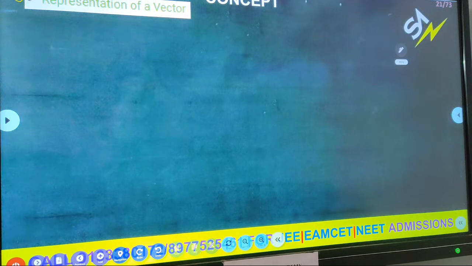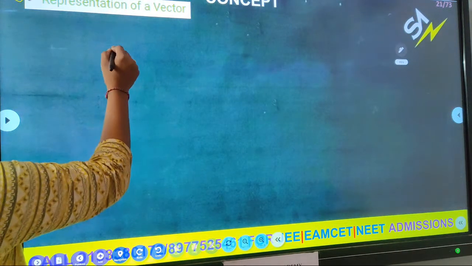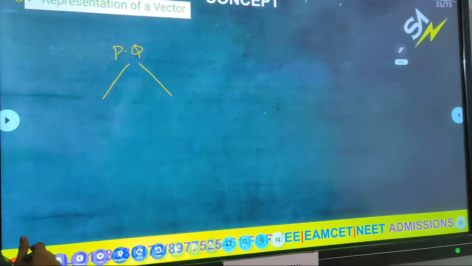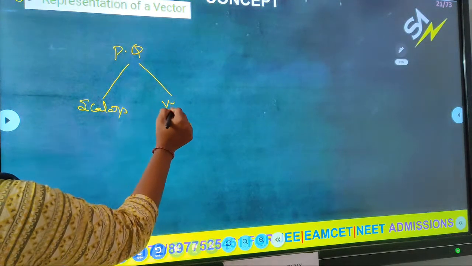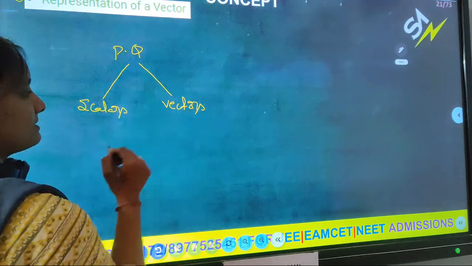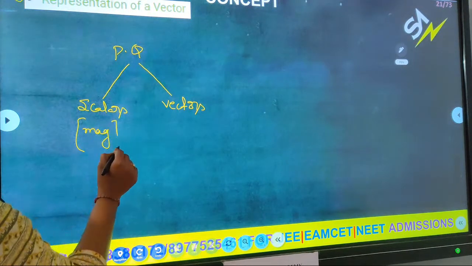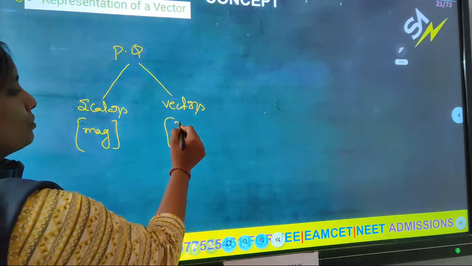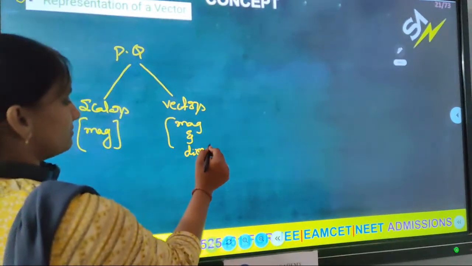Firstly, representation of a vector. In the measurement of physical quantities, the quantities can be divided into 2 types, scalars and vectors. Scalars have only magnitude, vectors are the physical quantities which have both magnitude and direction.